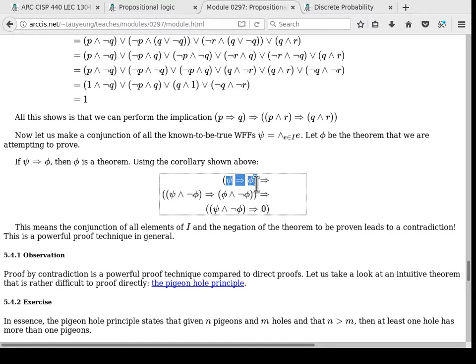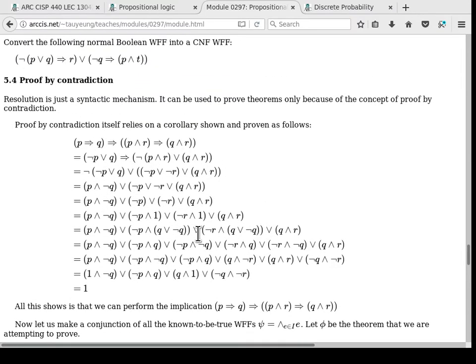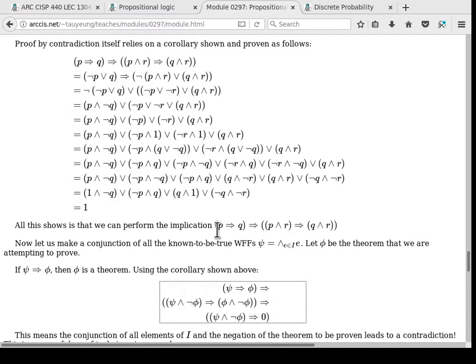That is the objective. But based on the corollary that we talked about a little bit earlier, with any type of implication, you can add a component using a conjunction. As long as you add that conjunction component to both sides of the implication, if the original implication is true, then the modified implication would also be true.